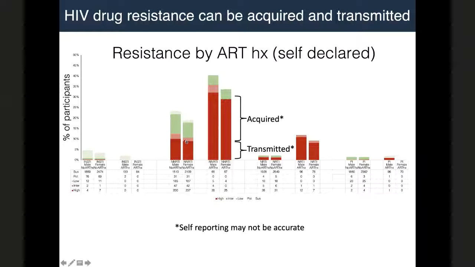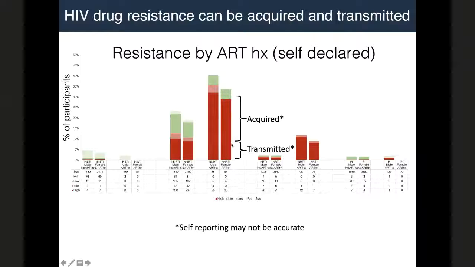And those individuals that deny that they've had antiretroviral therapy have lower levels. Now, of course, if all these individuals are telling the truth and have never had exposure to antiretroviral therapy themselves, then you could say that the level of resistance you observe in this group represents your transmitted drug resistance, and the difference between these groups represents the amount of drug resistance that you might expect to acquire.